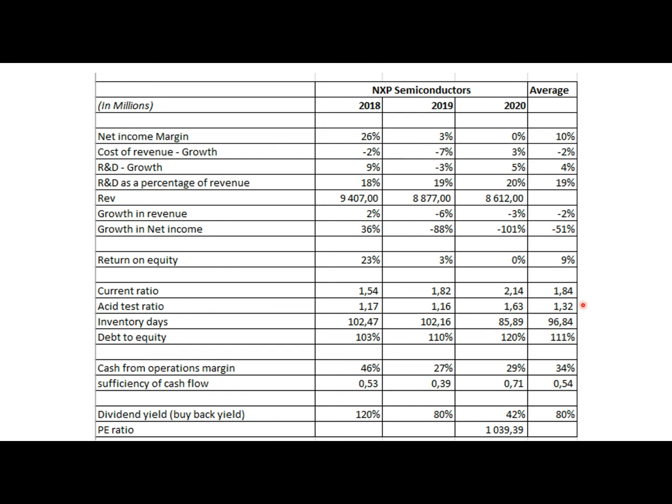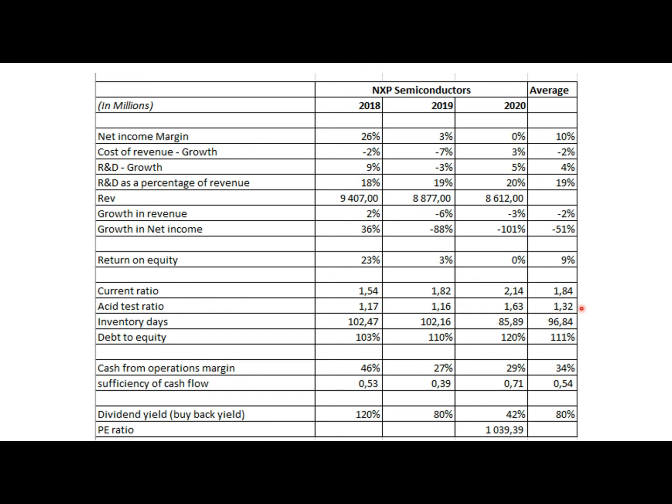That's good. Both performances of the asset test and the current ratio are a bit worrying, but considering where the margin is and the fact that it has been growing, not that bad.